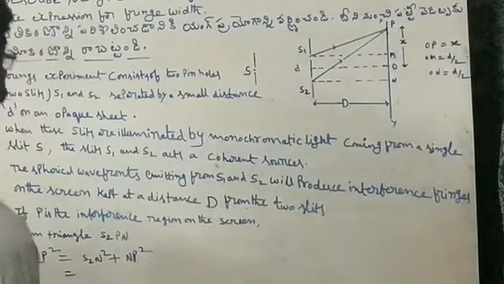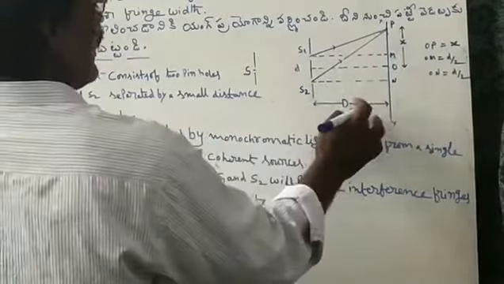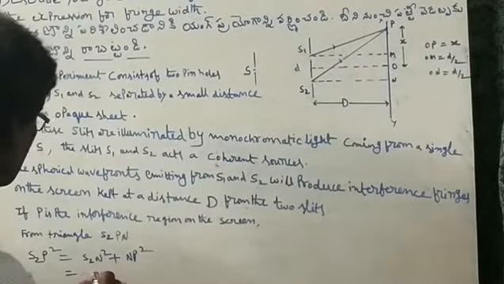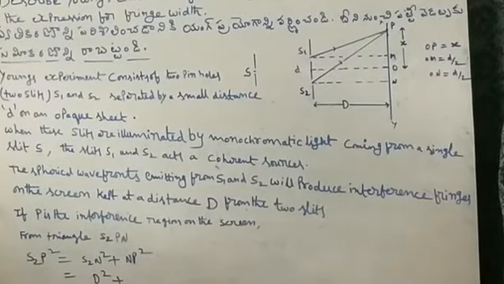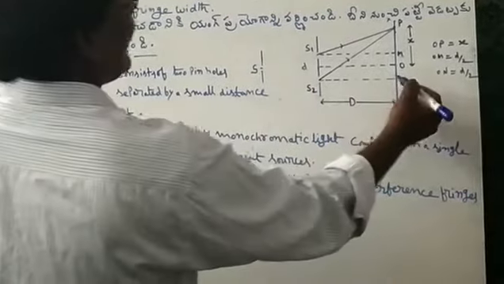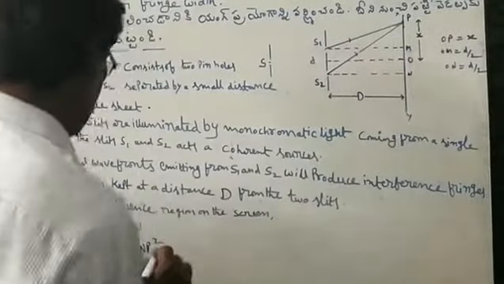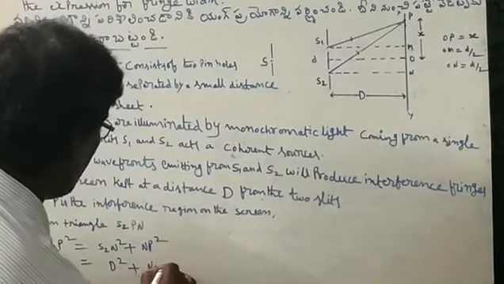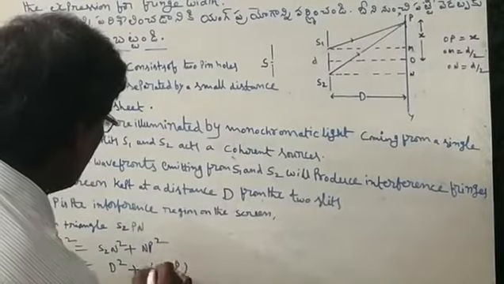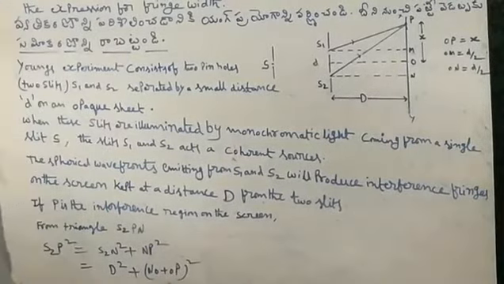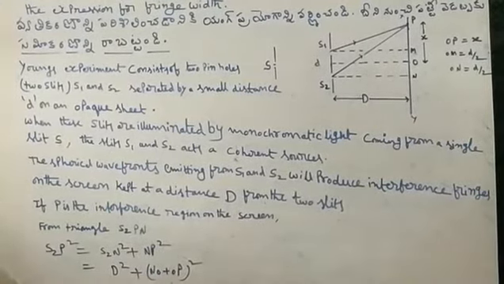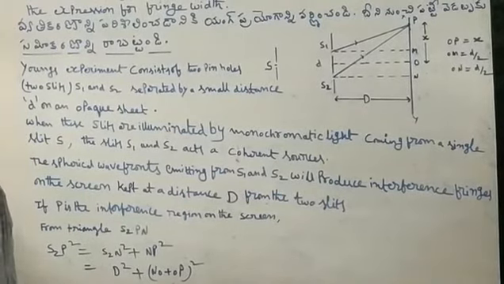That is equal to S2N, means capital D, whole square plus NP square, means NO plus OP whole square.